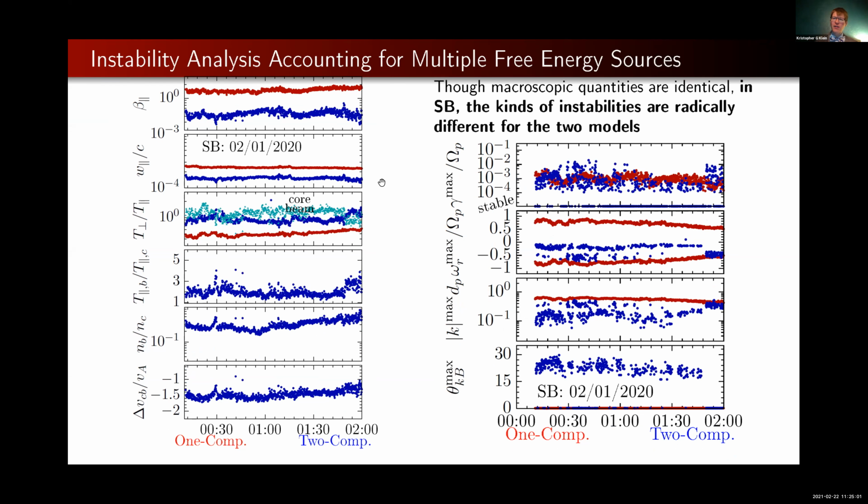For a different interval, when we do the same kind of analysis, again, the blue is when the beam is explicitly considered, we see that the growth rates are actually fairly comparable, and that when we include the beam, we actually get this oscillation back and forth between a parallel and an oblique instability, depending on the relative temperatures and densities of the beam as a function of time. So capturing that velocity space structure is really, really important to do, but does not universally enhance the growth rate.